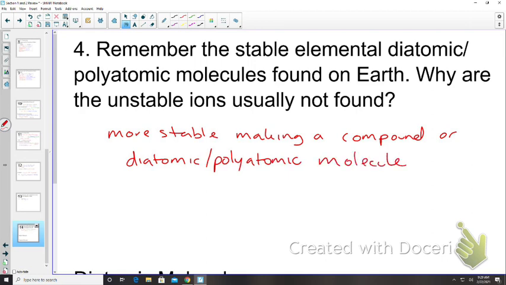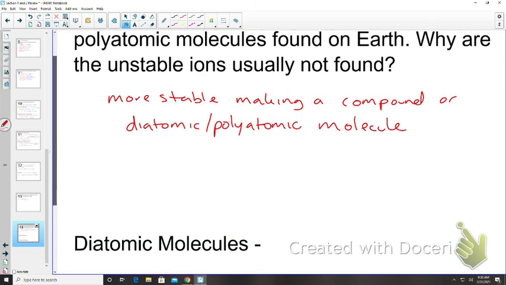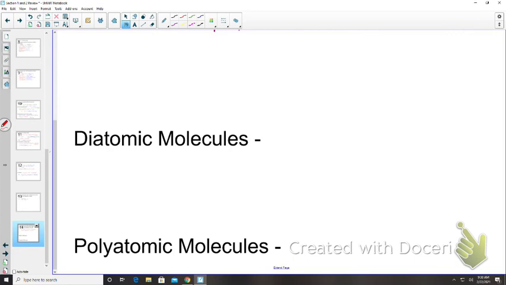Okay, so like the ions themselves, like oxygen, the oxygen anion, O-2, is very reactive, okay? So it's going to find something to react with, and if it finds another oxygen anion, it's happy. They can share electrons, and they'll both have a full octet. Same with nitrogen and fluorine, etc. Our diatomic molecules, we have 7 of them.